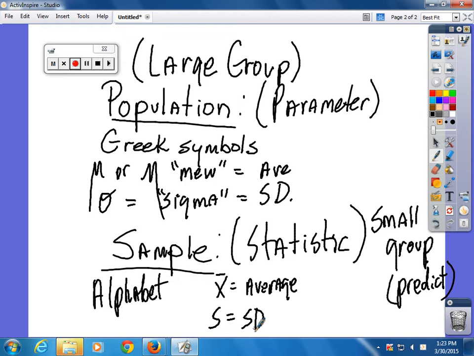The formulas are the same, except when you see these, don't be ignorant and say that's the sample, or it's not, it's the population. It's just a thing to help you keep from being ignorant in a populated room. Okay, that's what it amounts to. Because the formulas are the same, and they mean the same thing, except one's bigger than the other.